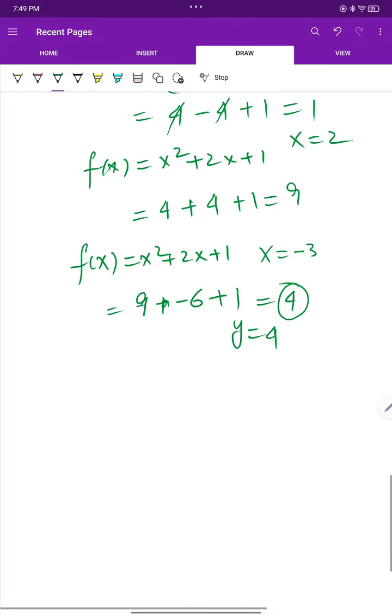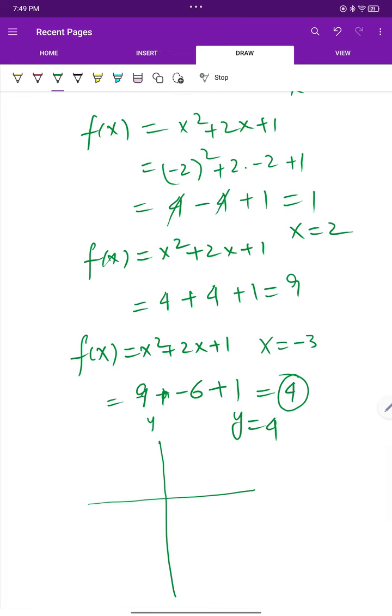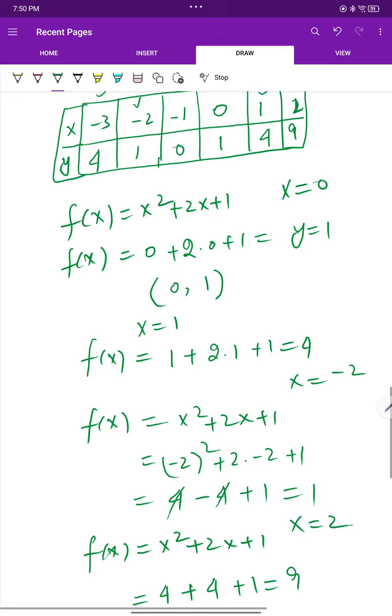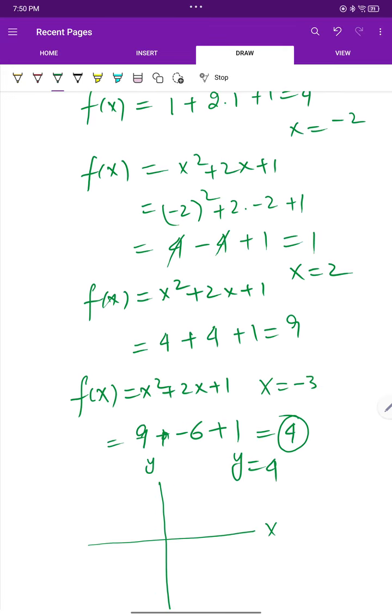So now you're going to draw it here. Similarly again, draw y and x. The first one is minus 1, y is 0.